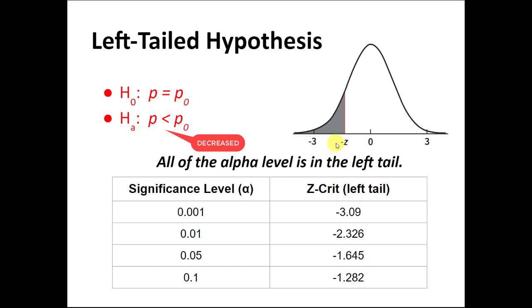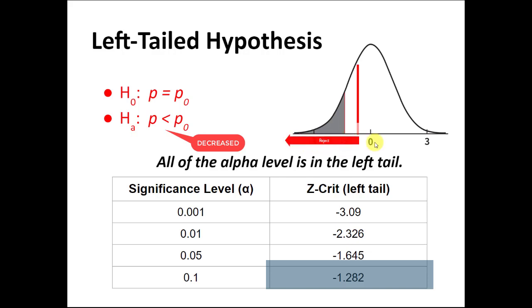Finally, if you were working with a significance level of 0.1, where you're risking committing a type 1 error 10% of the time, meaning 10 times out of every 100 trials, and you were working with a left one-tailed hypothesis, then your z-crit would be negative 1.282, and anything less than negative 1.282 would be in the area of rejection, and you would consider that enough evidence to reject your null hypothesis.